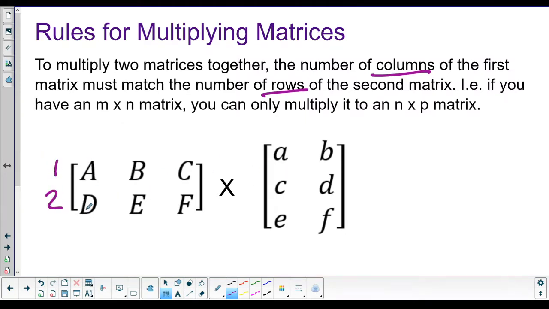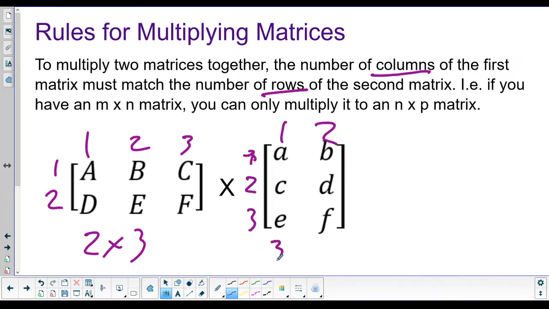This is a 2 by 3 matrix, and this is a 3 by 2 matrix. The number of columns of the first matrix, that's 1, 2, 3, must match the number of rows, 1, 2, 3, of the second matrix.